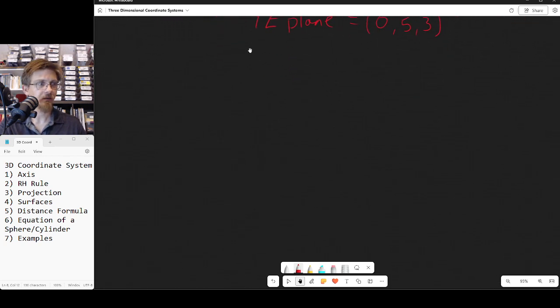All right, so now let's talk about what a graph looks like, or what a surface looks like. In three-dimensional space, you can graph a variety of geometrical shapes. Obviously, in a two-dimensional plane, what could you graph?